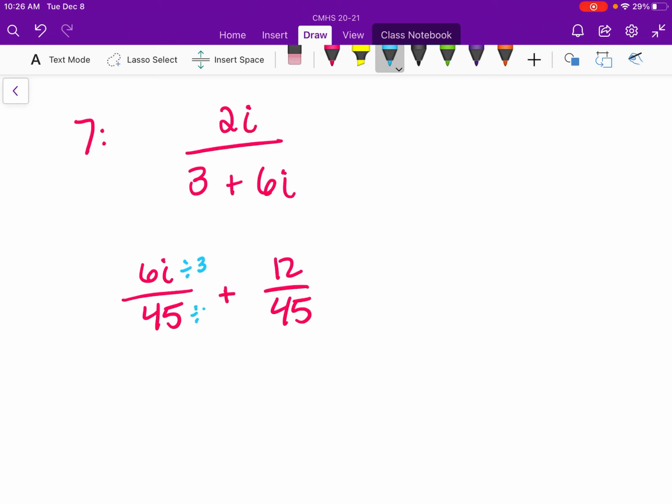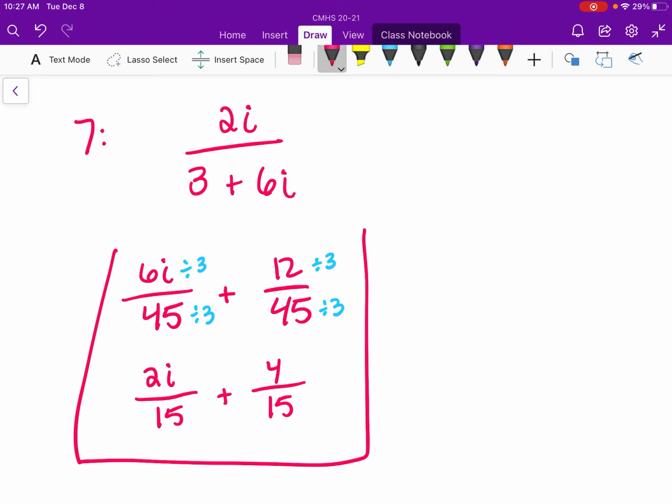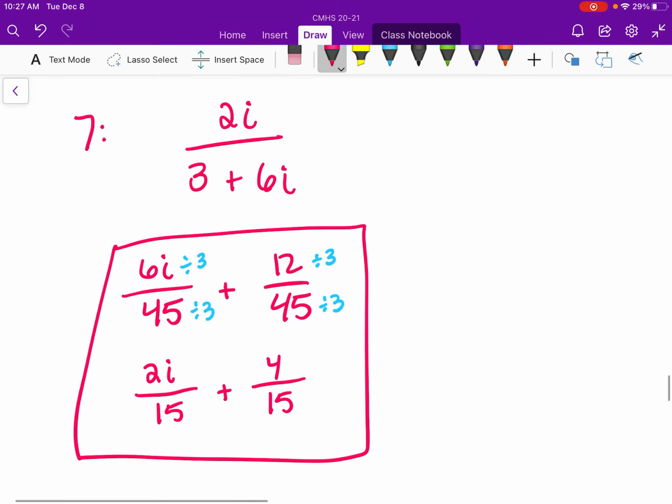And then you can simplify by dividing by 3 because all of those go into 3. And your final answer is 2i over 15 plus 4 over 15. So either of those two is correct. The top one's just not simplified.